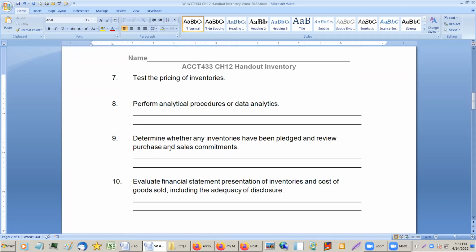Okay, so test the pricing of the inventory.